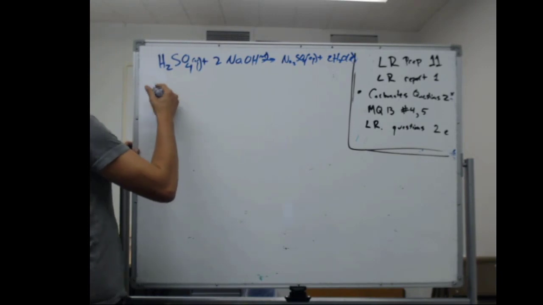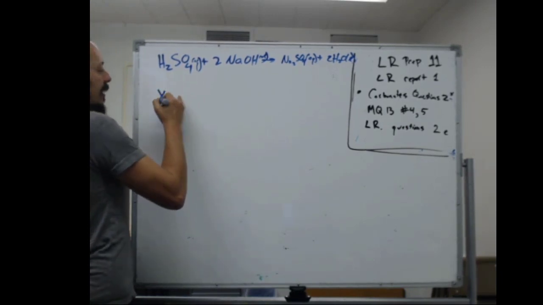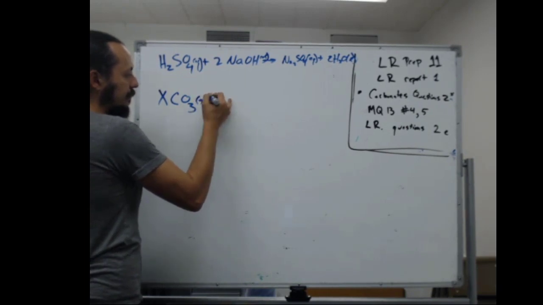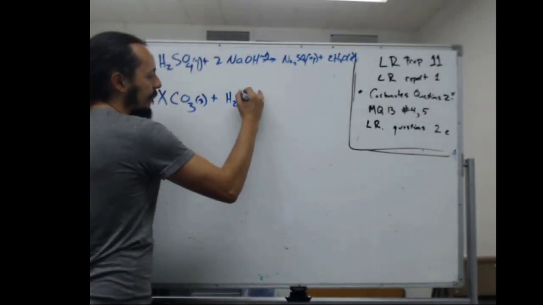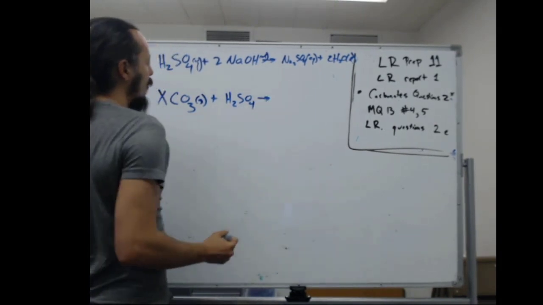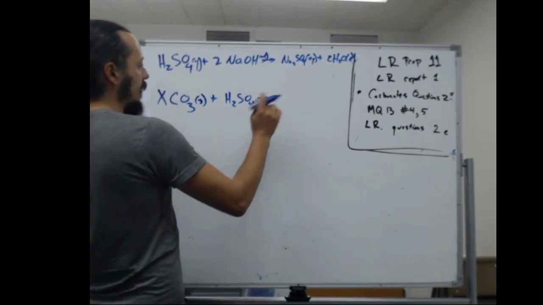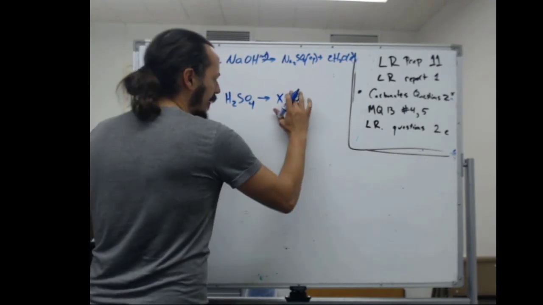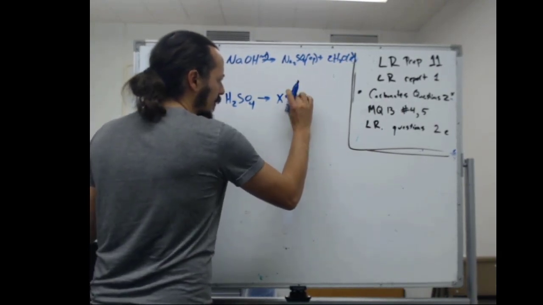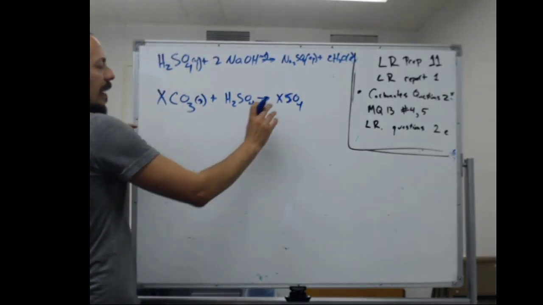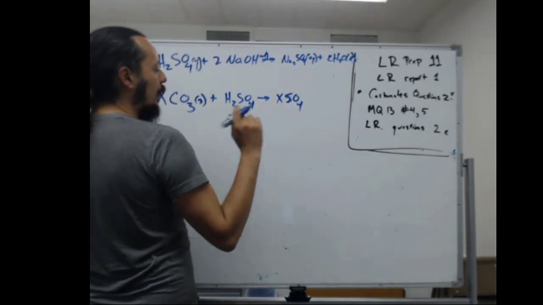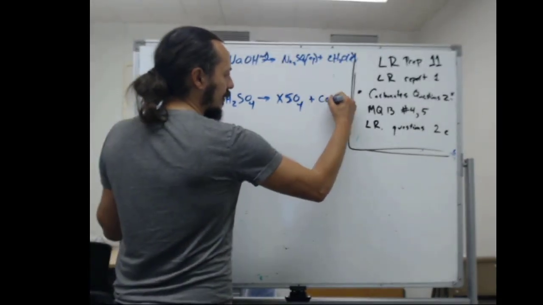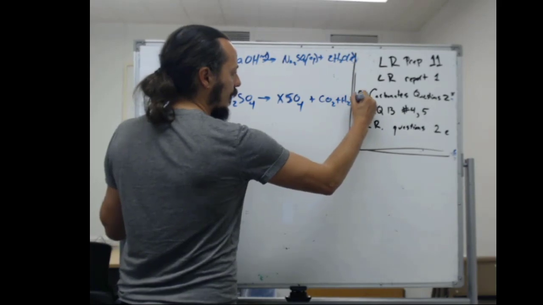The first reaction that's happening is our unknown metal carbonate is going to make the metal sulfate plus CO2 plus H2O.